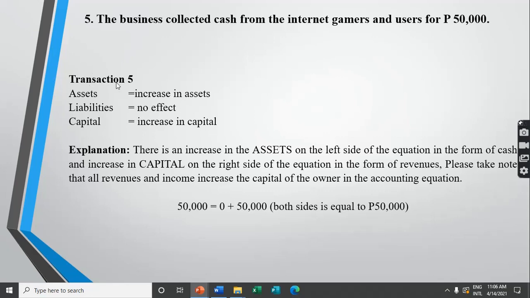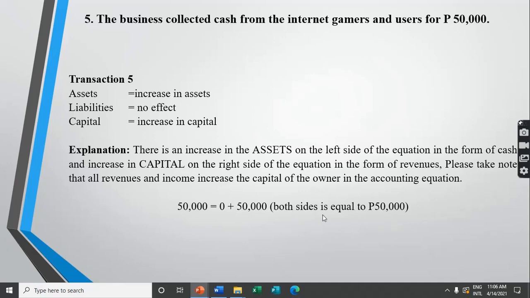So, transaction number 5, asset is equal to yung increase in asset. Liabilities, wala ka namang utang dito. Yung capital, nadagdagan din yung capital mo. Ayan, 50,000 dito sa left side and 50,000 dito sa right side. So, both side is equal to 50,000.